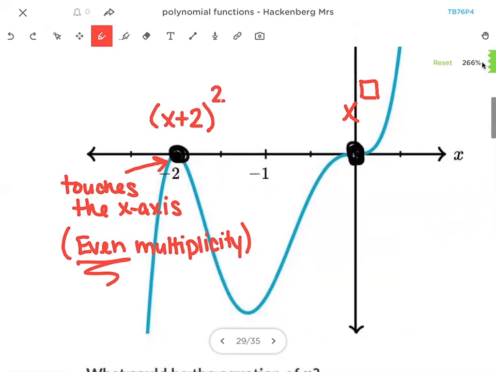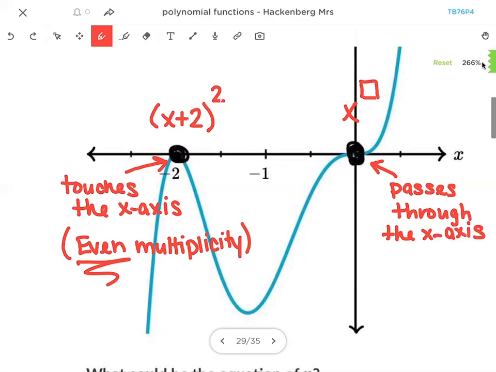And then over here at this root, this passes through the x-axis. And so you would have to have an odd multiplicity over here.